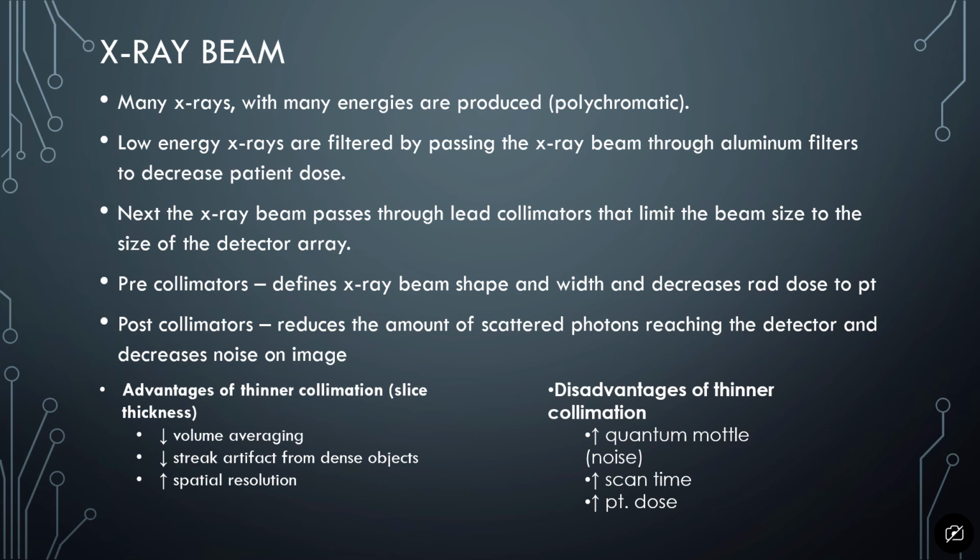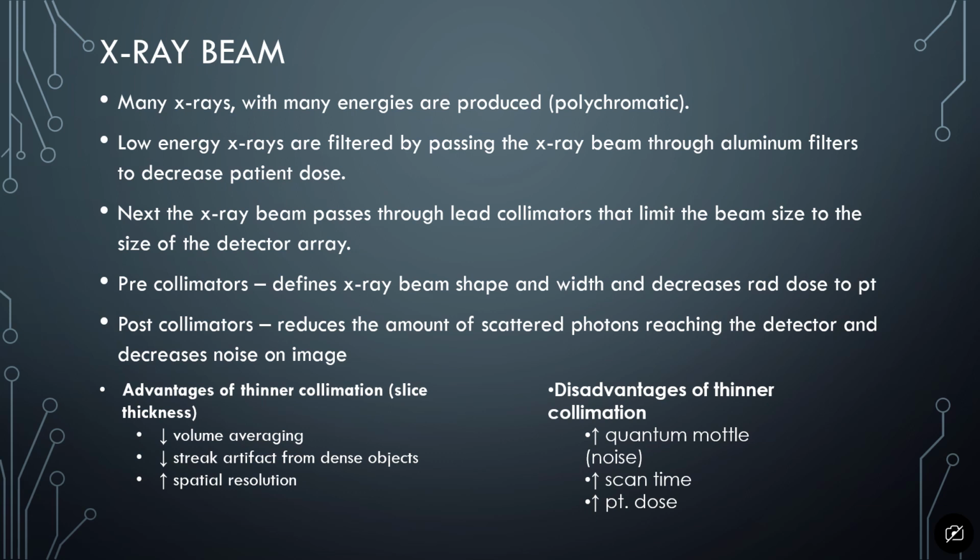It also reduces the scatter because you're able to direct it straight through the patient to the detector arrays rather than irradiating all the space within the gantry. And then the post-collimators reduce the amount of scattered photons reaching the detector, and they decrease the noise in the image.